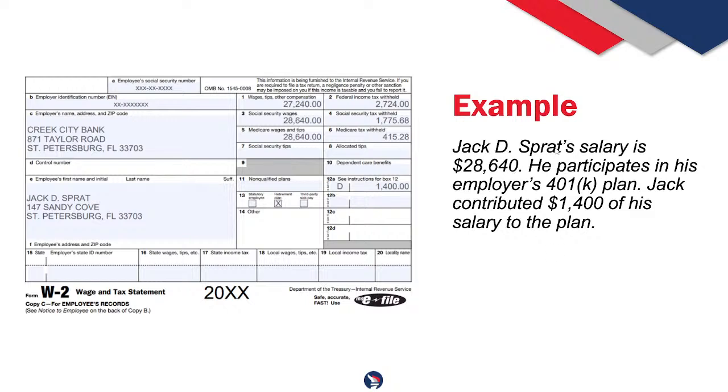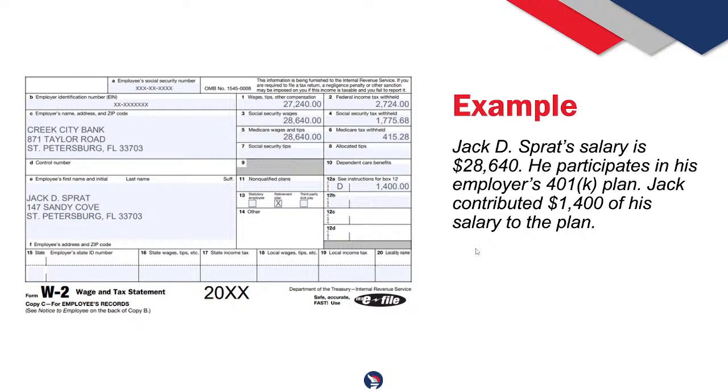So we're back to Jack Sprat here, the 28,640. He participates in the 401k, put in $1,400, and like we said, he's only being taxed on 27,240, not on 28,640. So his taxes are representative of that. So when he withdraws this money from his 401k, that's when he's going to pay tax on it.